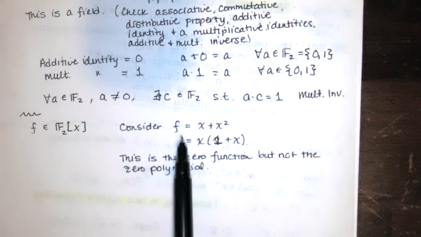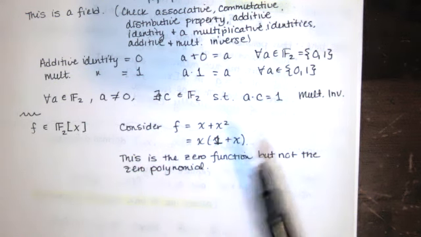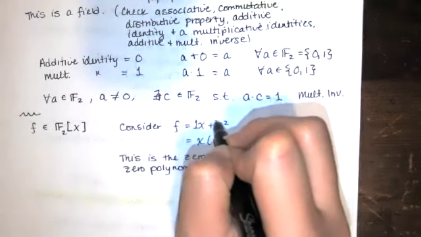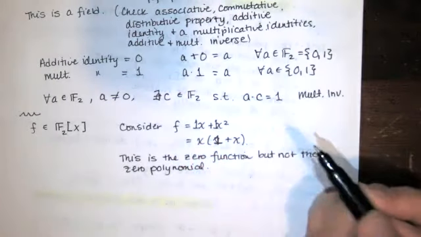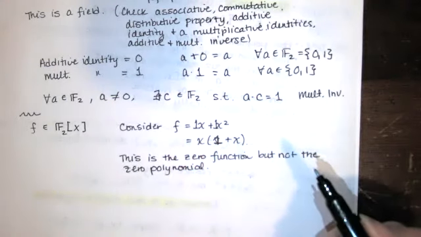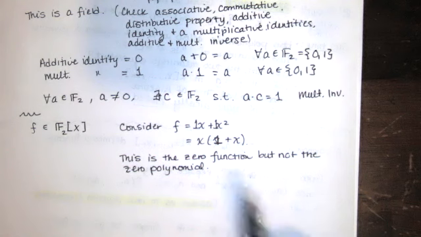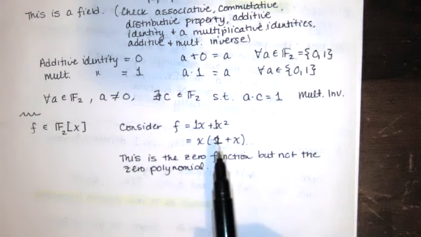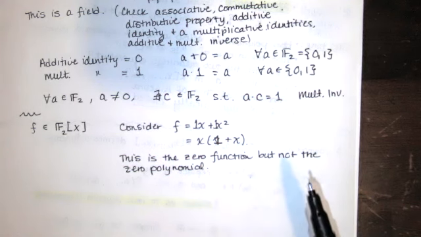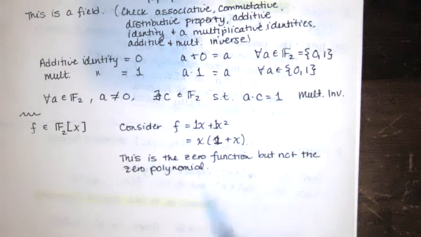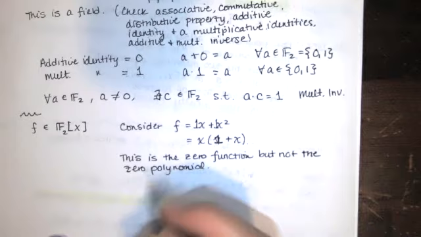So this is not the zero polynomial because the coefficients are 1 and 1. And we've got powers of x over here, x to the first and x squared. So just by definition of a polynomial and the zero polynomial, this is not the zero polynomial, but it is the zero function. And if you're not sure, remember what that means.